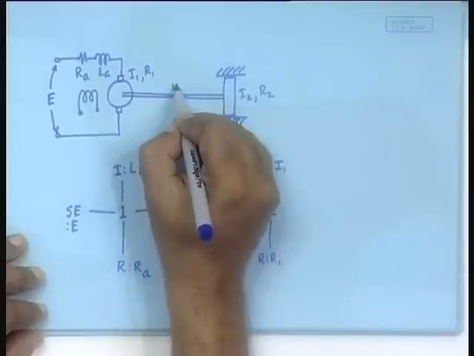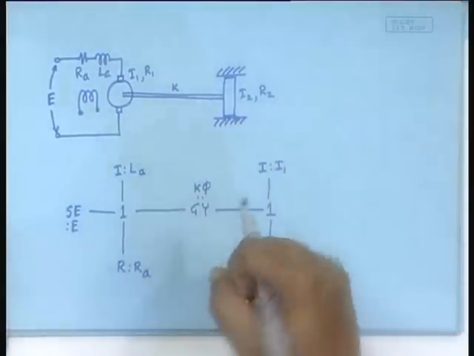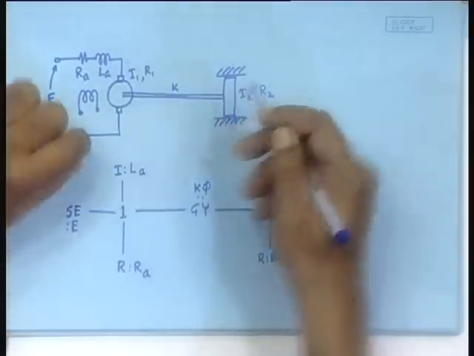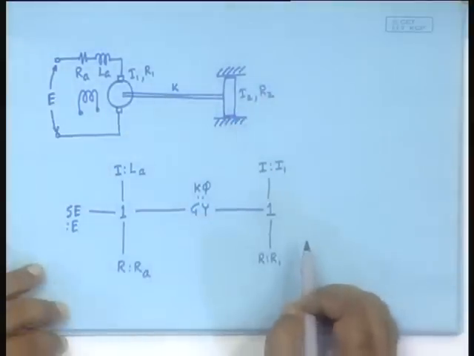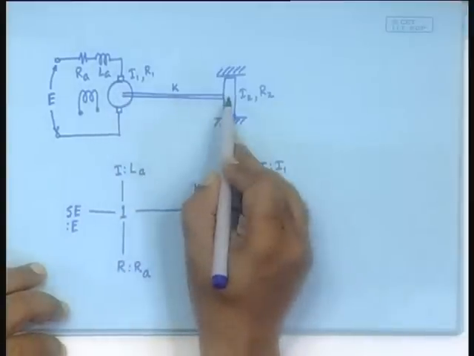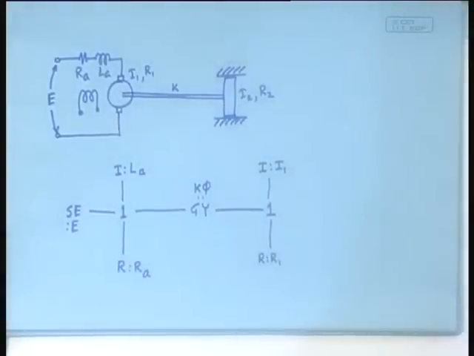Now, here there was a springiness, some degree of freedom, so that they can move somewhat independently of each other. This point and that point share the same effort.